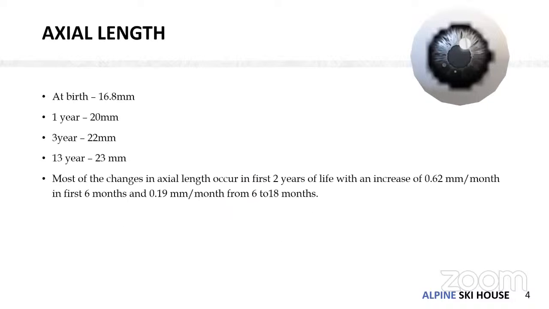The change keeps on continuing, but the rate of change is quite reduced. That's why after 2 years we can think of doing a secondary IOL, where the IOL power calculation will be more accurate, because now the axial length reaches almost near the adult, though not fully adult, but maybe within 1 millimeter or 1.5 millimeters of the adult axial length. So that is when we can put it.